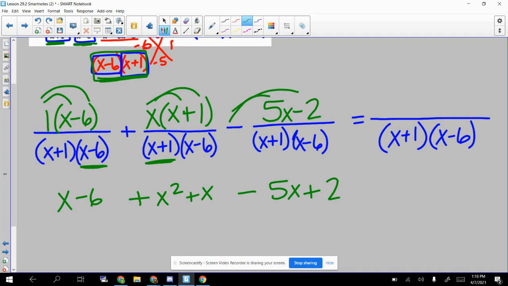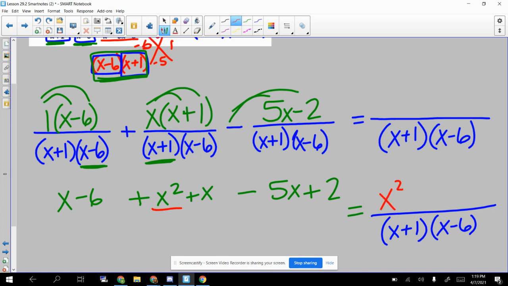Okay. Now what we need to do, and I didn't go ahead and write in all of the denominators again, but they do stay there. Okay. Now what we need to do is just combine like terms. So we have a positive x squared, that's going to come here.